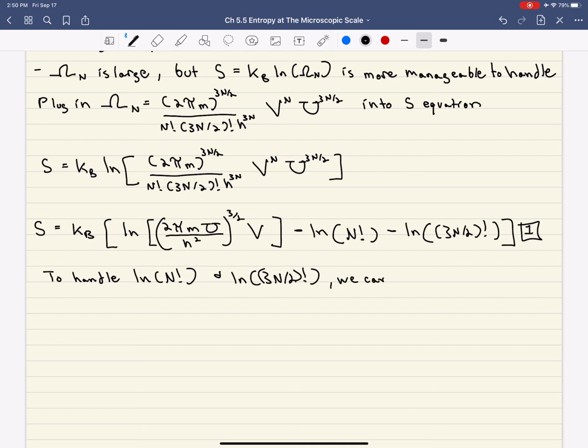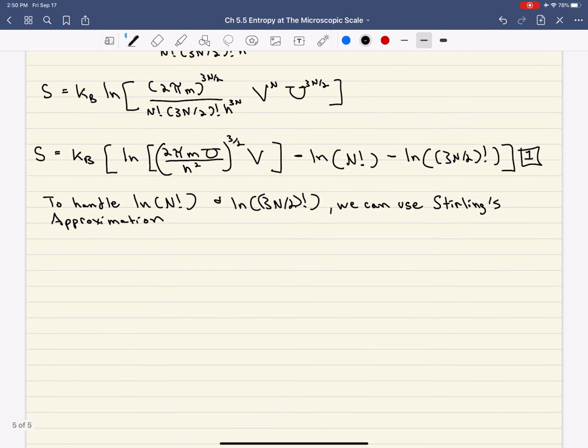What we could do is use something called Stirling's approximation. I won't prove Stirling's approximation for you. It's kind of complicated. But essentially, Stirling's approximation says that the natural log of n factorial is basically equal to n times the natural log of n, minus n.